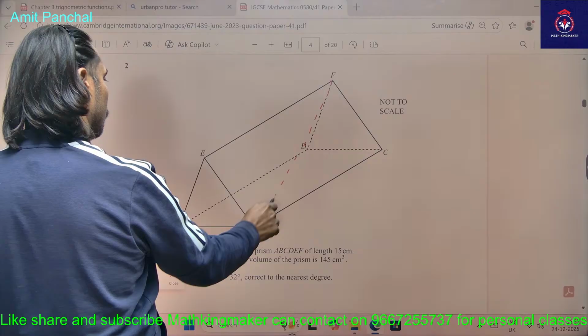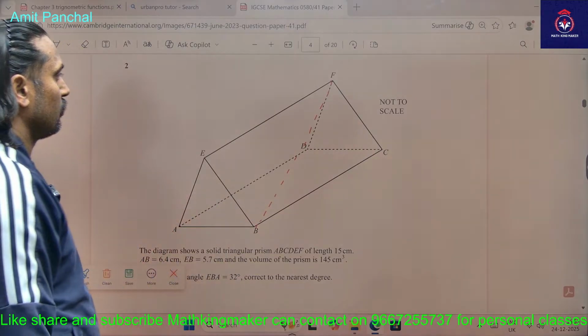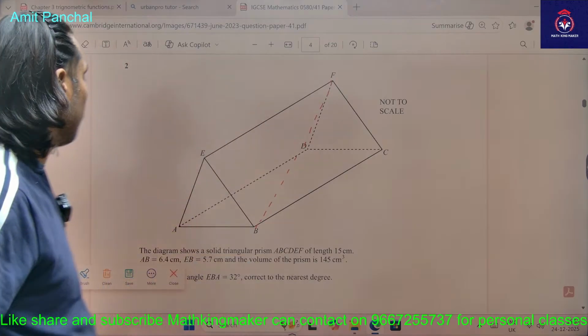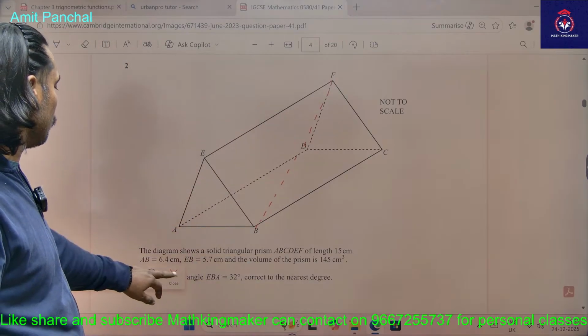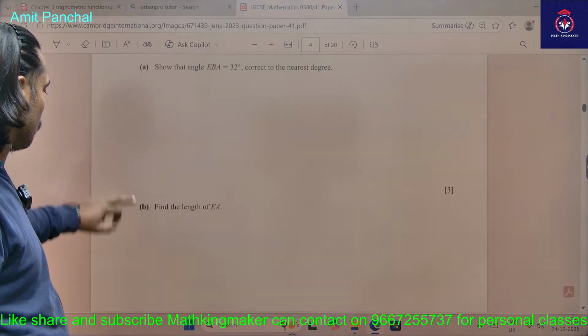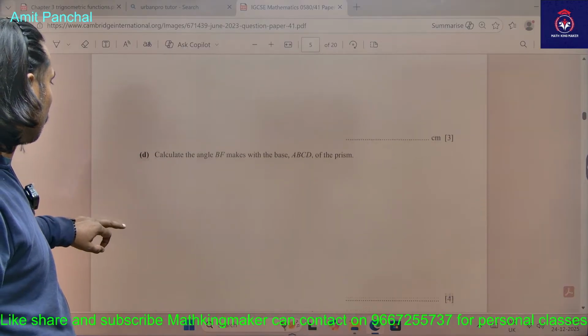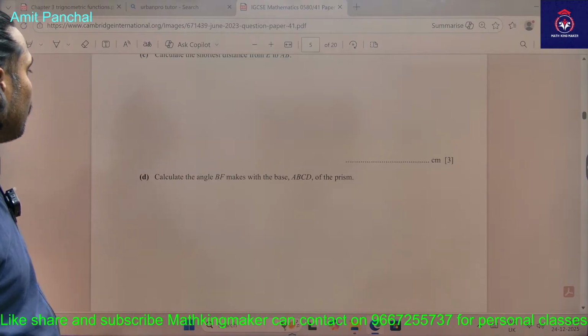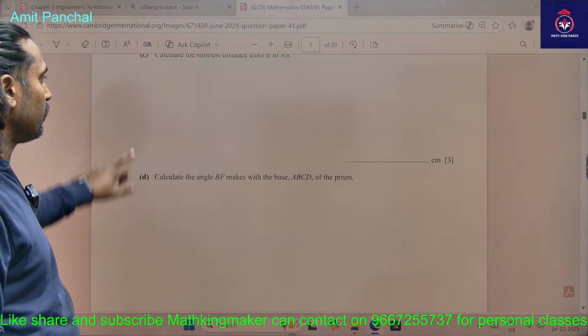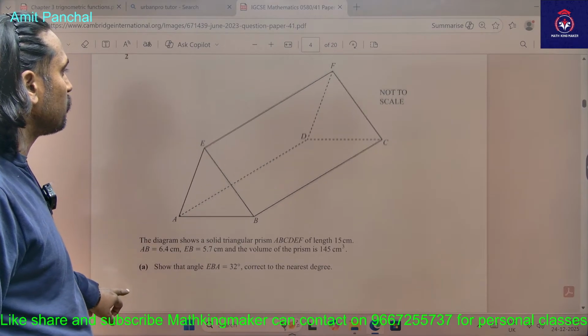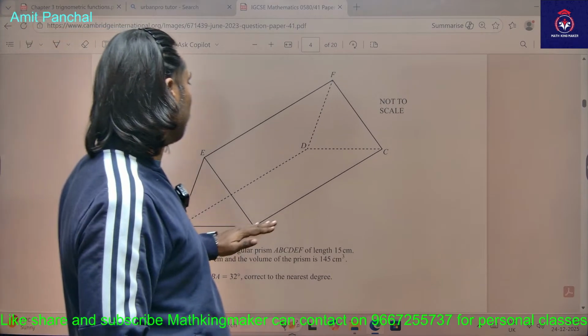If we join B and F, what is the question? Calculate the angle BF makes with the base ABCD. So how much angle BF is making with the base? That means BC.